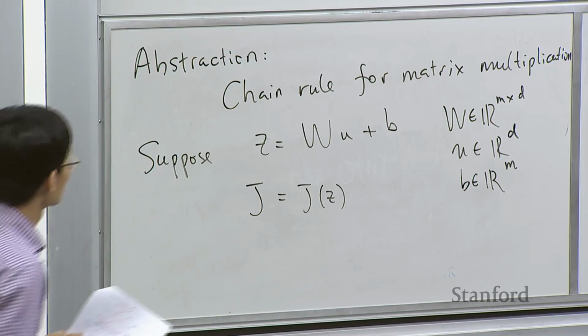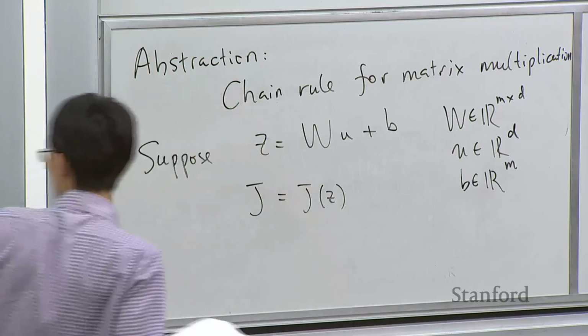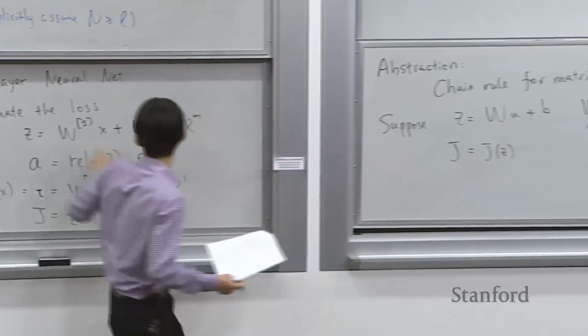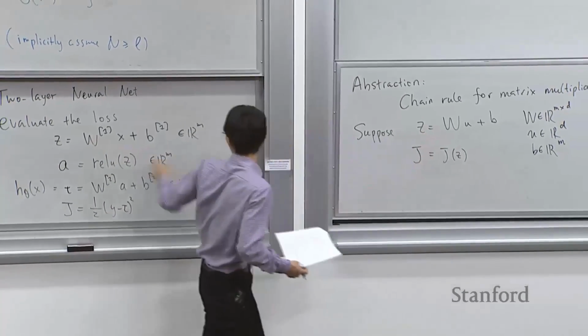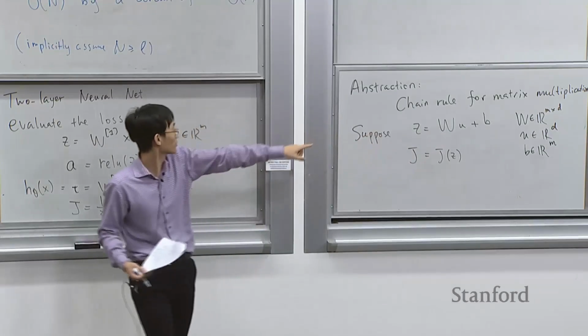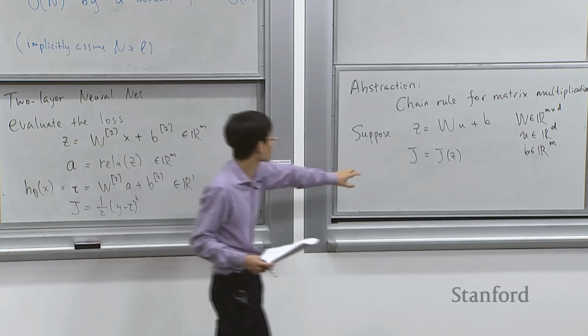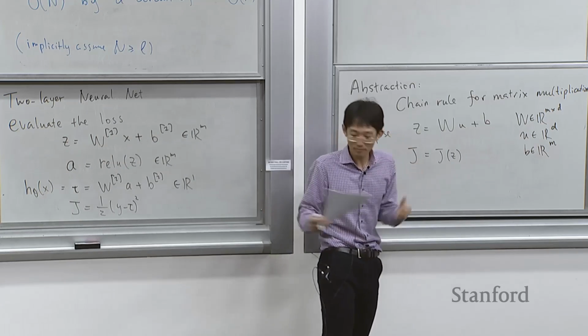So this is my abstraction. You can see this is a little bit like this one, because if you map this Z to this Z, this W1 to this W, X to U, and B1 to B, then it's kind of like that. It's an abstraction of a part of the problem.